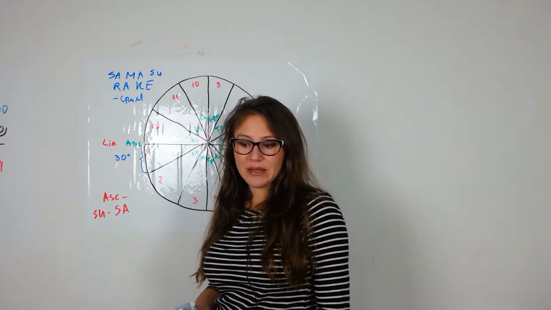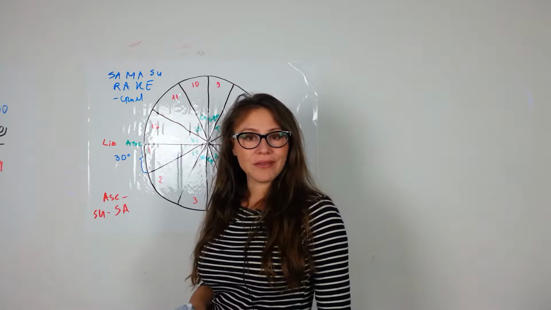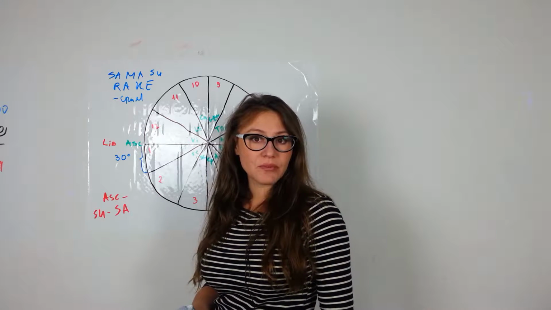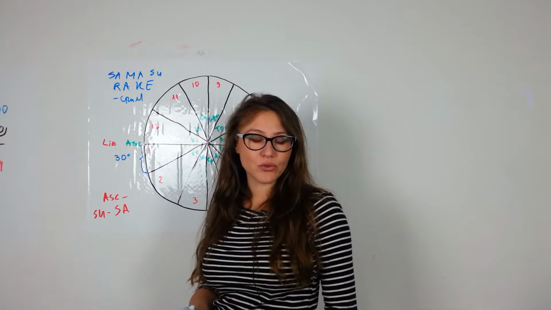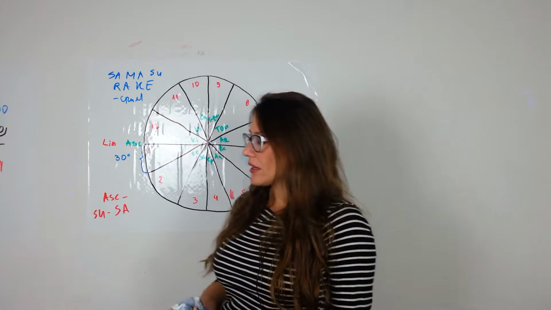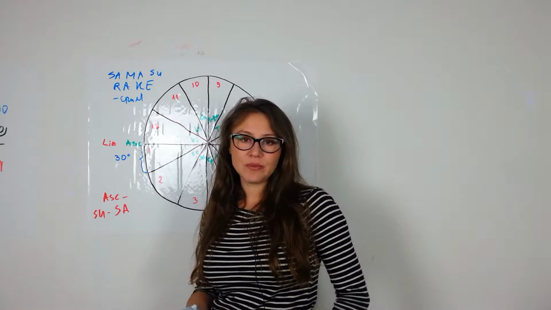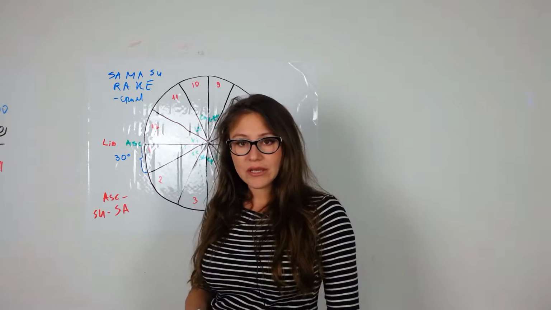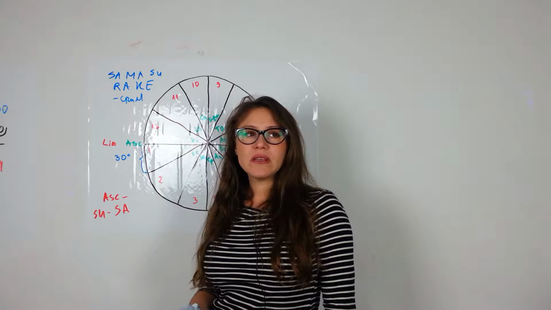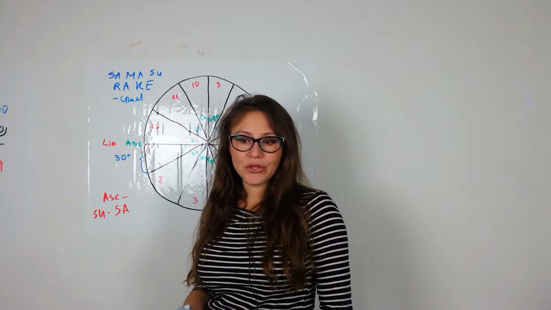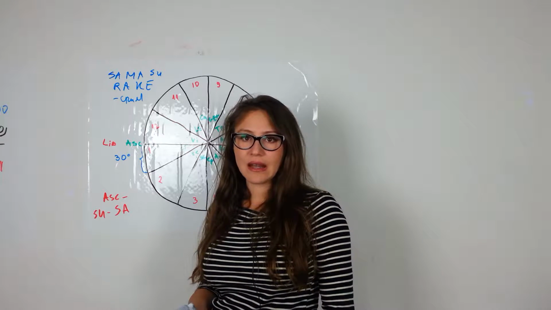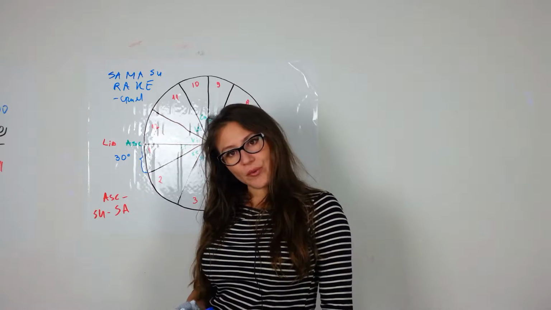Fourth house rules family, or maybe she reconnects him with his parents if her planet falls in his fourth house, which rules the mother, the country of origin. Because of her he might reconnect with these people. If it's good planets, or even the hard planets, this person will help you develop home, family, settling down, emotional well-being as well.